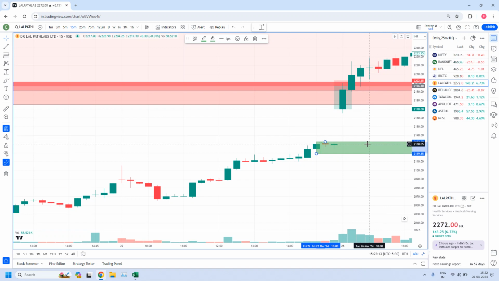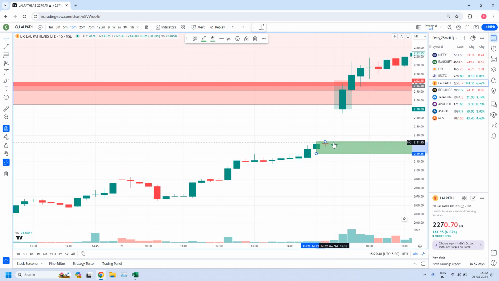Because in order to reach this target, it should give you 15% ROI. Getting 15% ROI during the intraday is not a practical scenario. Rarely we got 10%, 11%, such kind of ROIs we got earlier. Very rare.